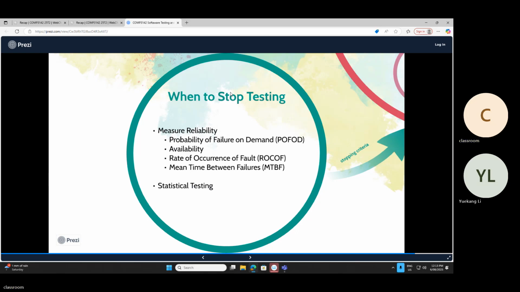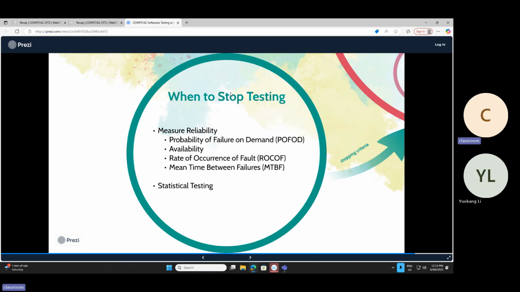And near the end of this term, we learned when to stop testing. So when to stop testing is determined by the reliability of the program. Once we think that this program is reliable, then we can stop testing. However, this means that we need to measure the reliability of the program, right?